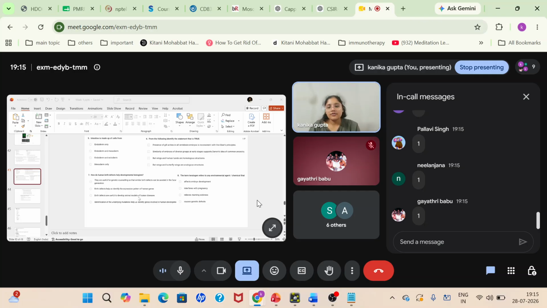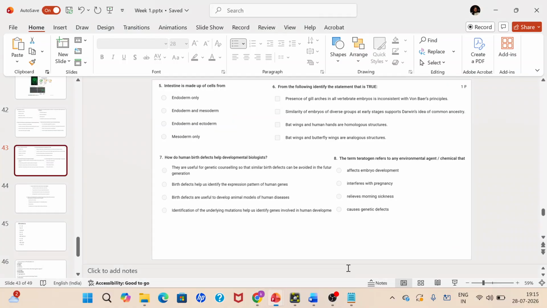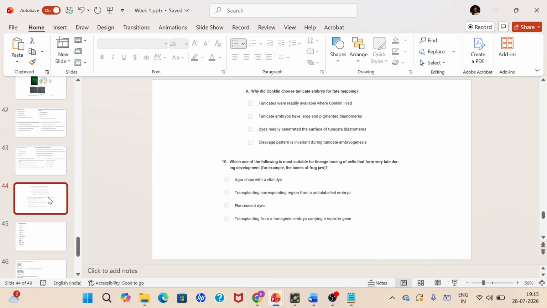Good guys, good. You're performing good. So yes, the answer is: the term teratogen refers to any environmental agent or chemical that affects embryo development. Okay? It affects the embryo development.